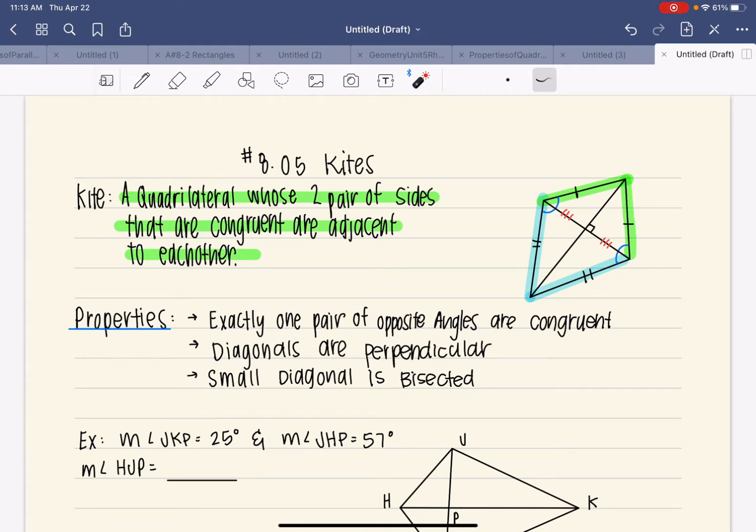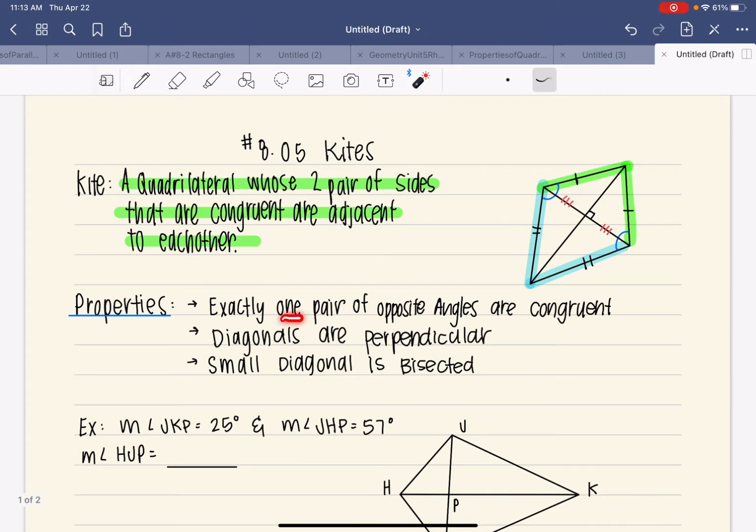The other property a kite has is exactly one pair of opposite angles that are congruent, and the pair of opposite angles are where the two non-congruent sides meet, okay? So these angles right here will be the congruent pair of angles. They belong to the sides that are not congruent to each other.